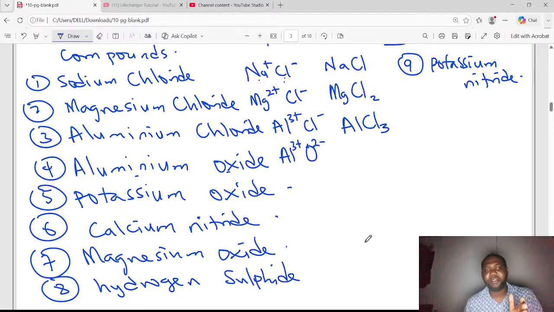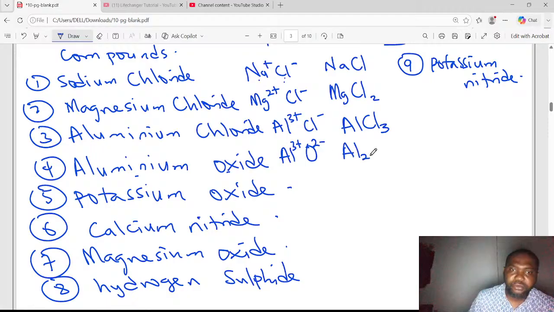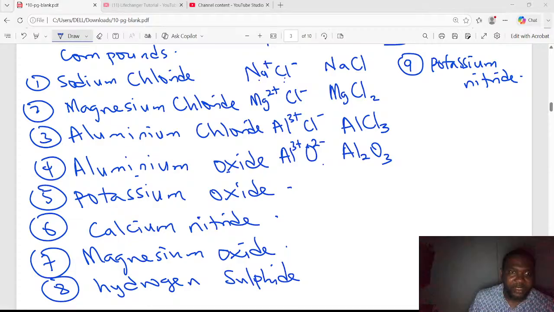If you want to remember the negative values, you can just subtract from 8: 6 minus 8 is -2, 5 minus 8 is -3, 7 minus 8 is -1. That's how I do it. So aluminium oxide will be Al2O3. 2 will come here, 3 will come here. This is how you write aluminium oxide and no other way.